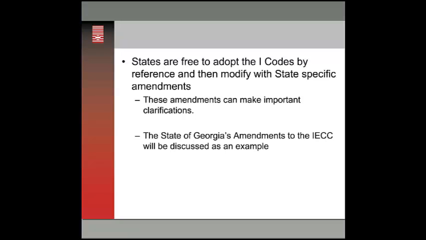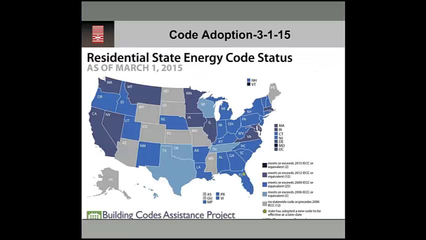They're free to do that, and bottom line is, even if you download a copy of the I-codes off the ICC website, you're going to want to get a copy from your state. In fact, in some states you can purchase your state's version of the codes from the ICC website. So check out that ICC website and see if you can get your own state's version.